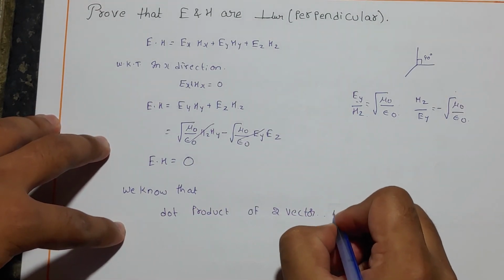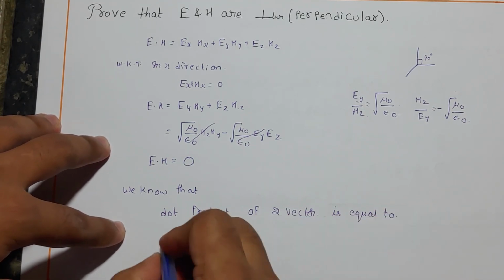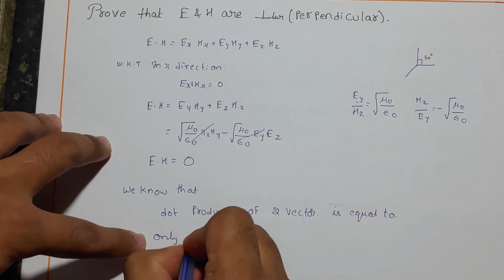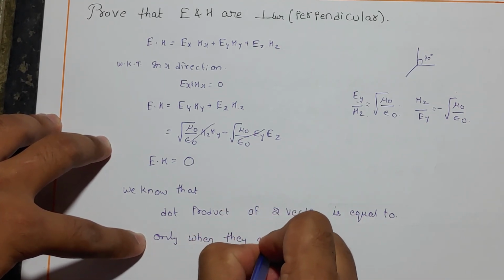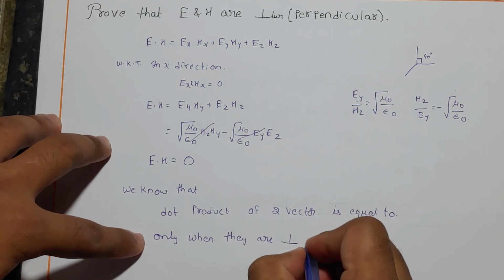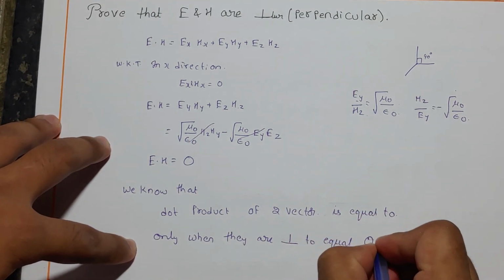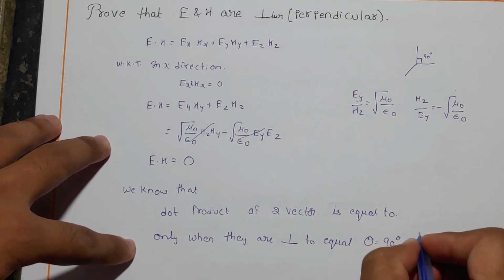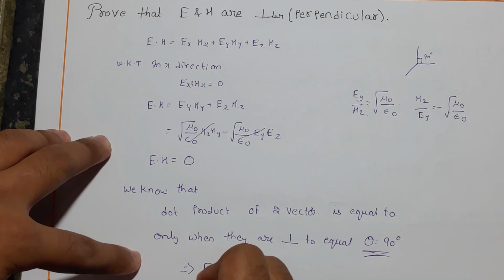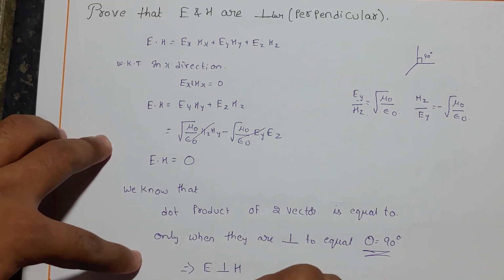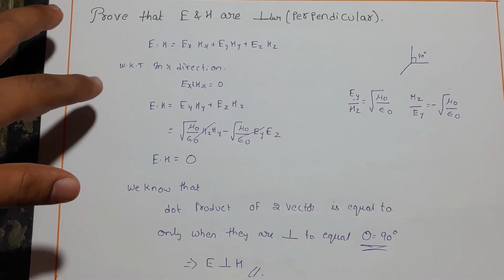Dot product of two vectors is equal to 0 only when they are perpendicular to each other, that is angle between them theta is equal to 90 degrees. So we found that E is perpendicular to H in this way by using the intrinsic impedance.